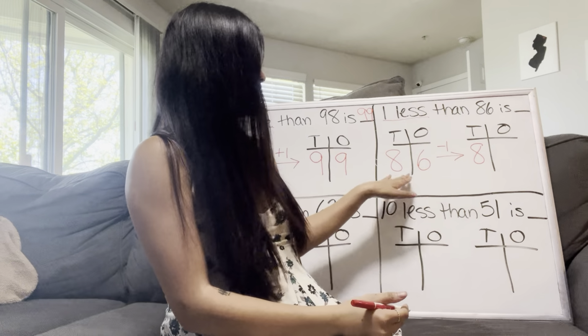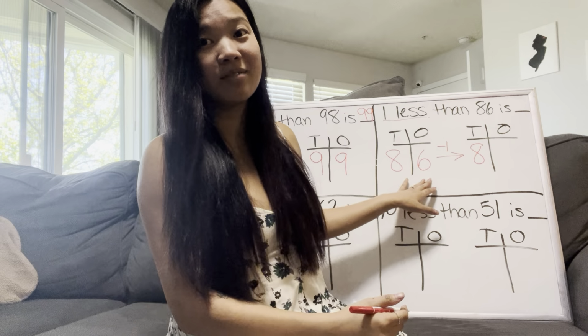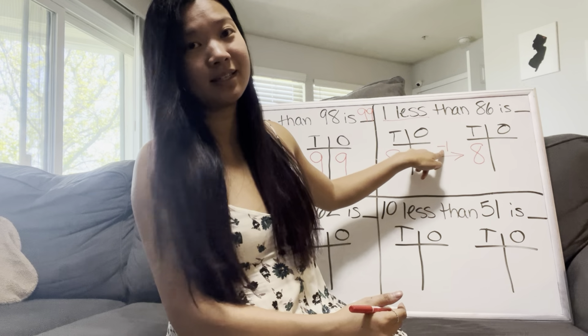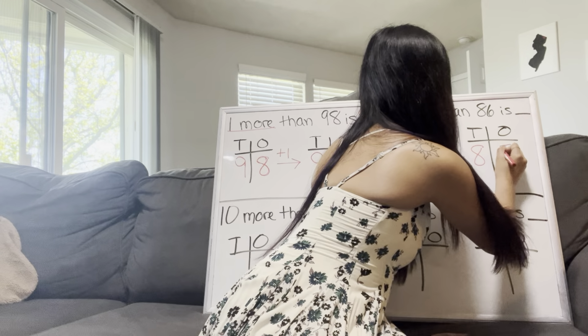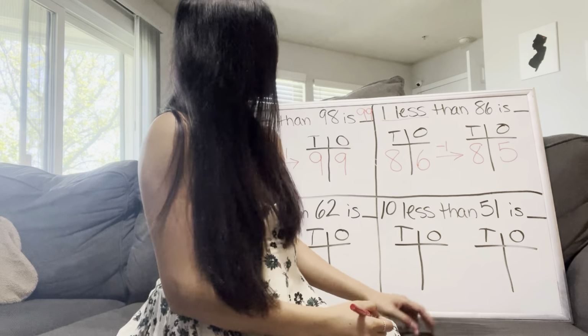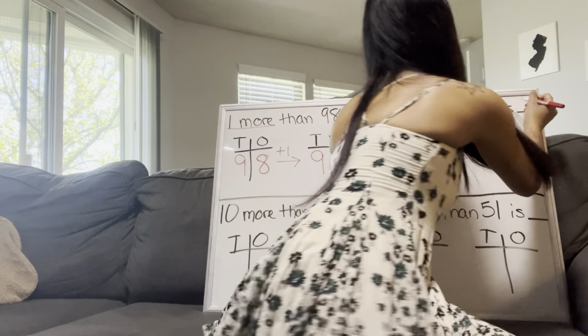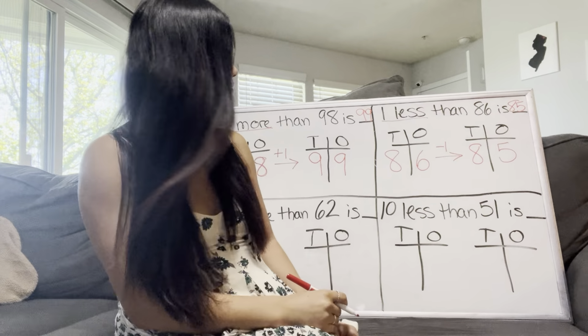I still have 8 tens, but my ones place is going to have to change. 6 ones minus 1 equals 5 ones. So 1 less than 86 is 85.